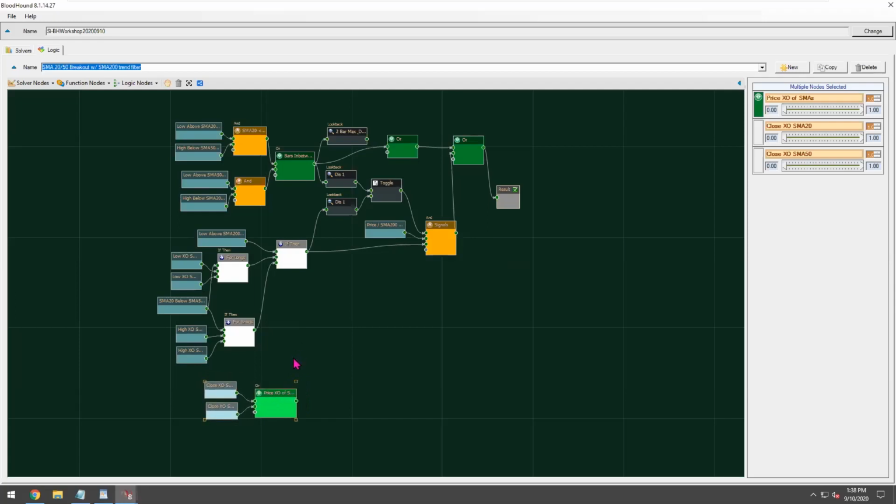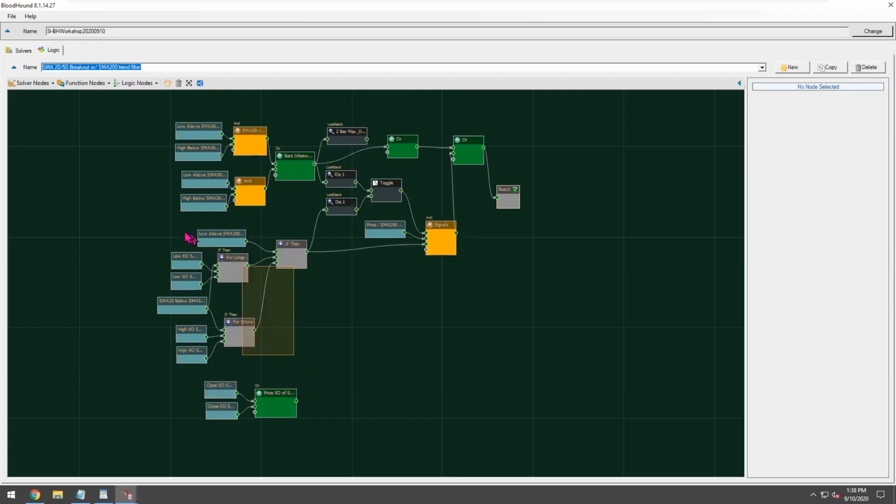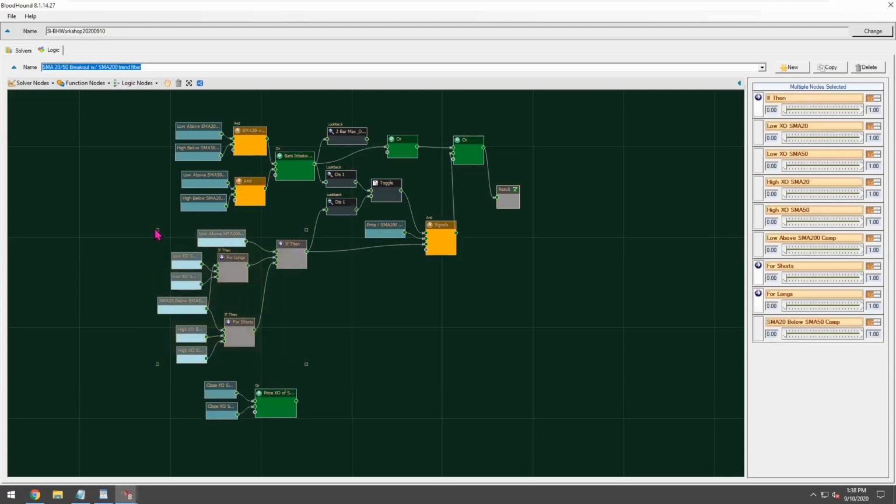And then we ultimately ended up with these 4 crossover solvers with a bunch of if-then nodes, to kind of create a more conservative signal here, waiting for the entire bar to cross either the SMA 20 or 50.